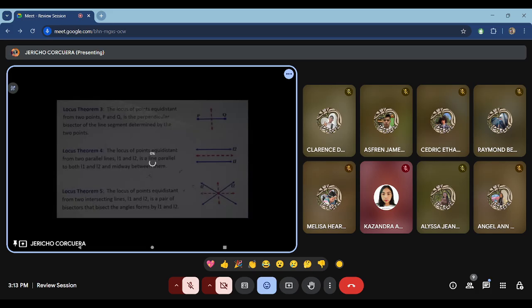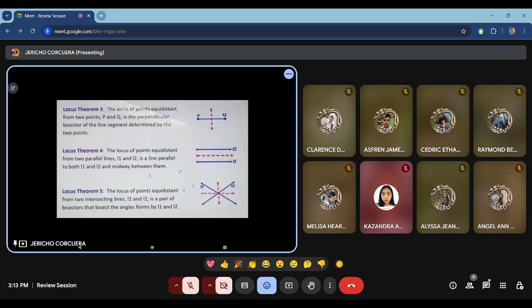Next, locus theorem 3. The locus of points equidistant from 2 points P and Q, or line segment PQ, is the perpendicular bisector of the line segment determined by 2 points. You can see that for line segment PQ, there is a bisector of the line segment, and it is determined by 2 points.